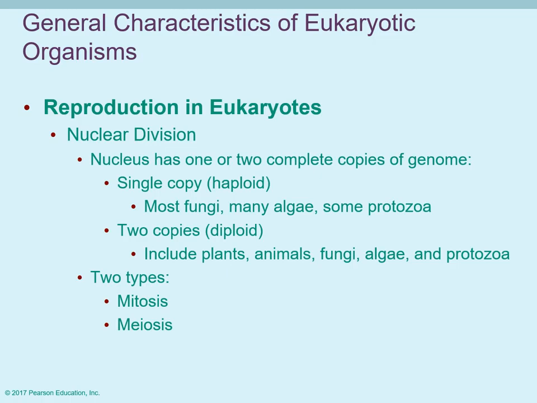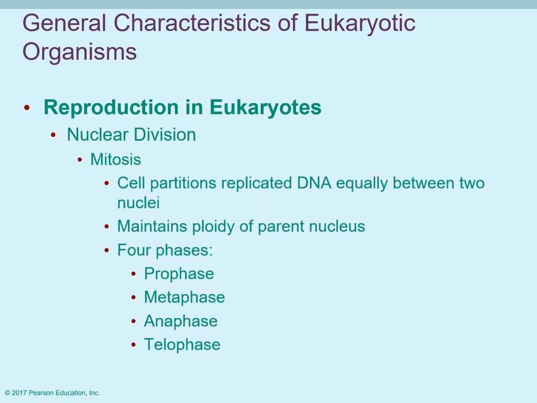They have two copies. You got one copy from mom, one copy from dad, if that kind of helps you to visualize this. Those that are diploid, this would include your plants, your animals, and then once again, some fungi, some algae, and protozoans. There's two types of nuclear divisions that can occur: mitosis and meiosis.